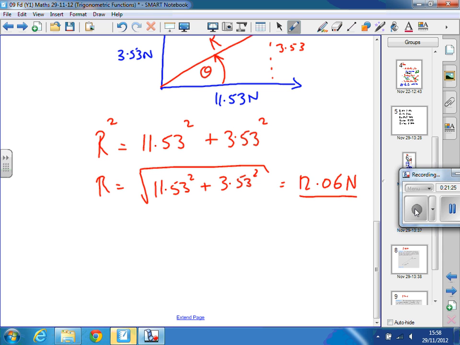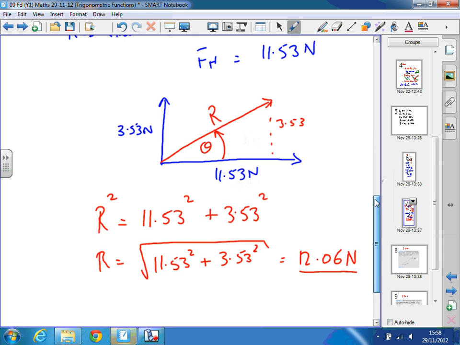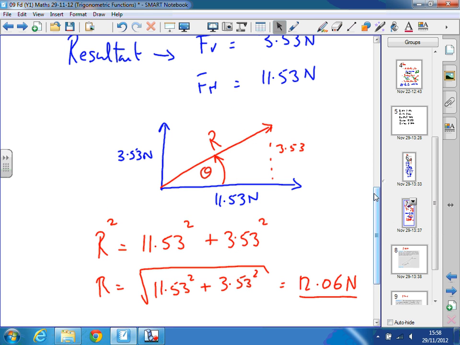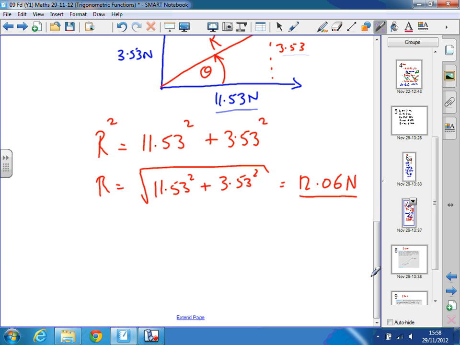Now all we need is theta. We've got the opposite, which is 3.53, and the adjacent, which is 11.53. You wouldn't generally use the resultant magnitude, which we just found. We use what we're given, the original values. So which ratio is to do with the opposite and the adjacent? Tangent. So we're after the angle.